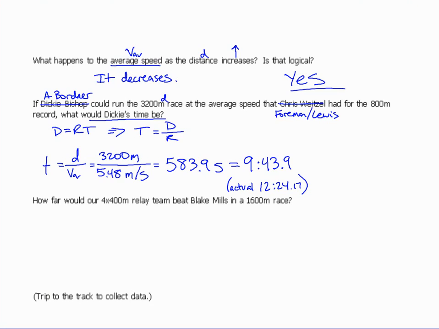So if this runner could run the 3,200 meter race at the record speed for the 800 meters, they would be finishing a lot faster.